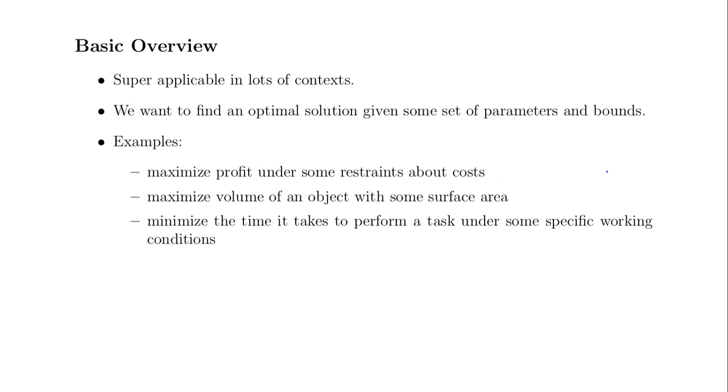So hopefully you can see really quickly that with just even these three really basic examples, these are things that show up in manufacturing, in business, in management, or anything like that. So you end up seeing these kinds of optimization problems lying underneath the surface in tons of different areas.